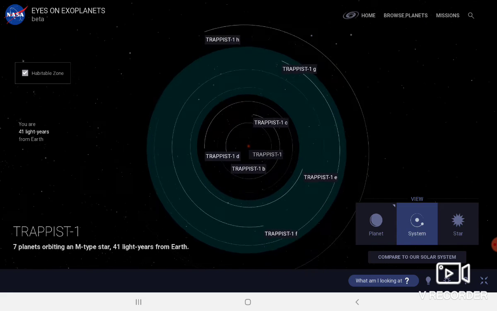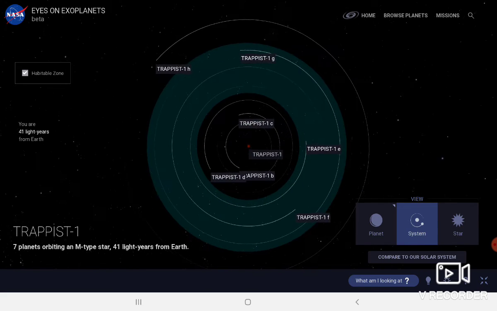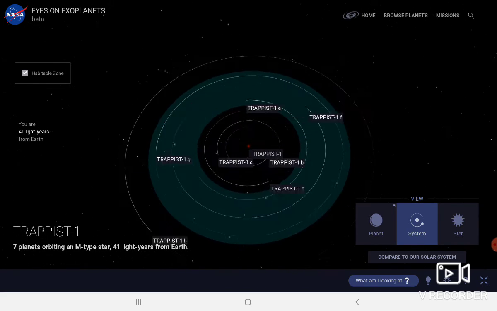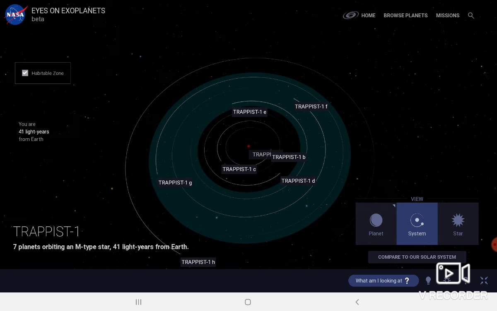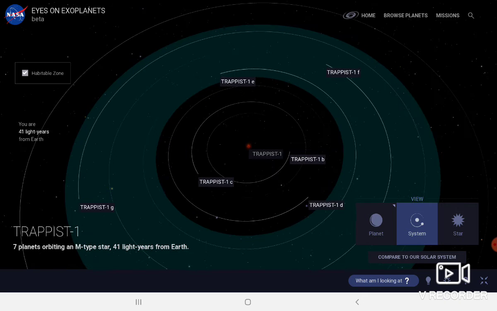I want to say that the planets of TRAPPIST-1 in the habitable zone can have an oxygen atmosphere, O2, an oxygen rich atmosphere.